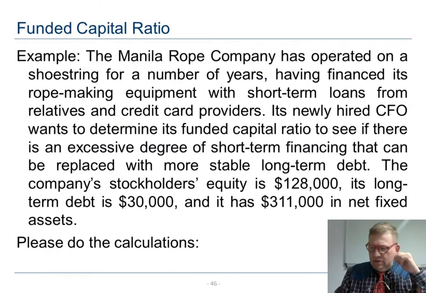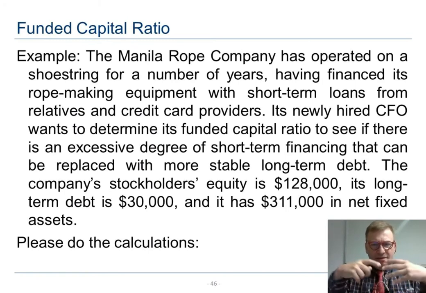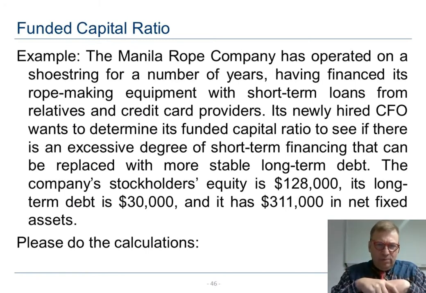Maybe because we are now close to the end, we have this example: a company that operated on a shoestring, meaning on a very low amount of capital, for many years, having financed its rope making equipment with short-term loans from relatives and credit card providers.